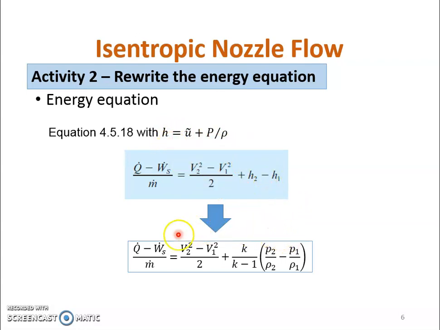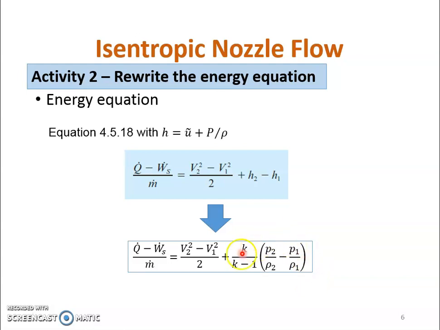This is also another activity for you: how are we going to convert from this enthalpy to this expression? You have to go back to the thermodynamic relationship between the enthalpy, k, the pressure, and the density. This is also your task.